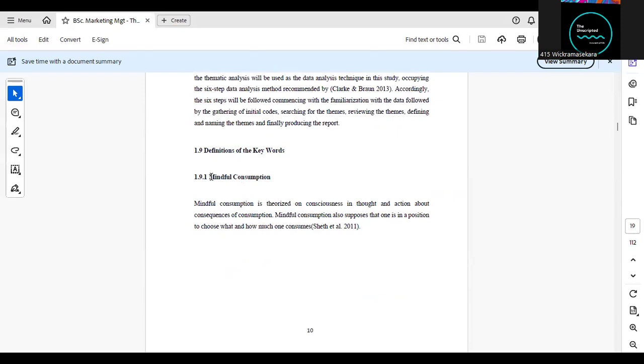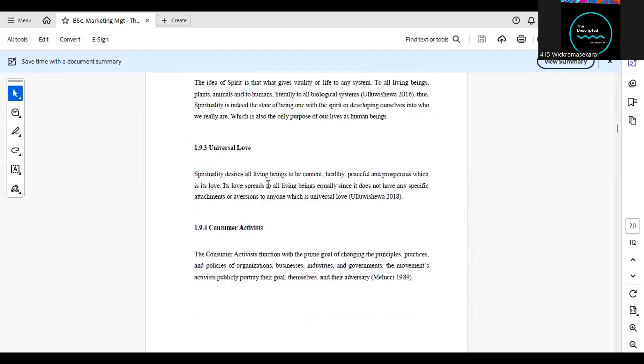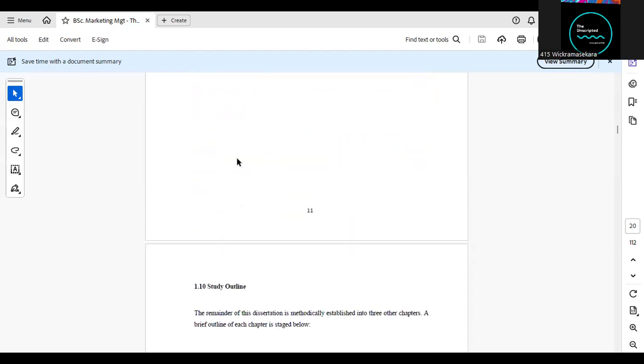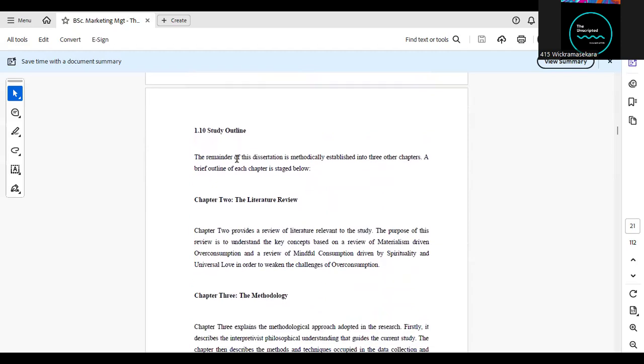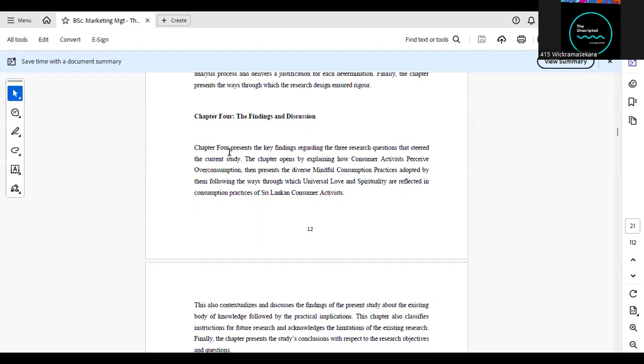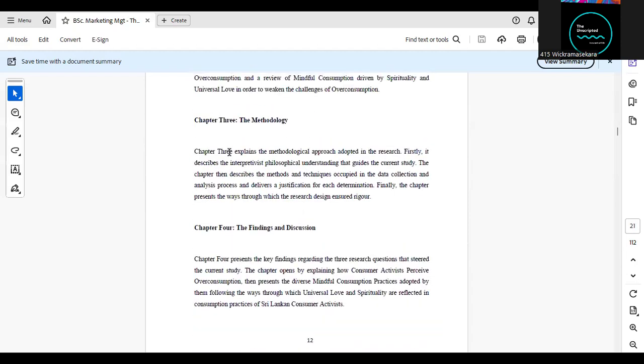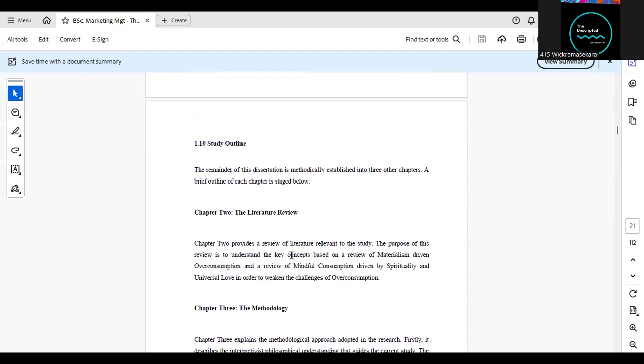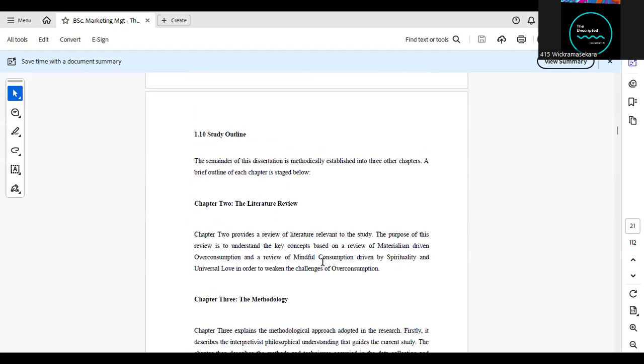In this study, it's all about mindful consumption, spirituality, universal love, and consumer activists, right? And then another thing is that you can have a study outline, where you give brief explanations as to what your chapters 2, 3, 4, and 5 consist of, right? Again, this has to be written in the future tense.